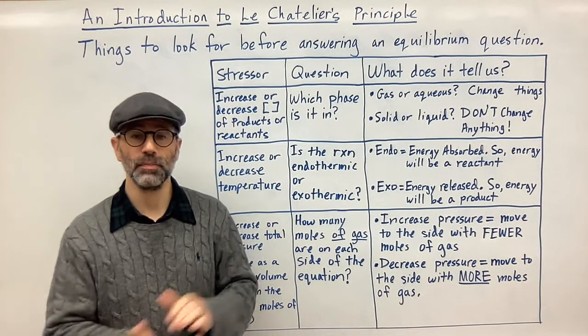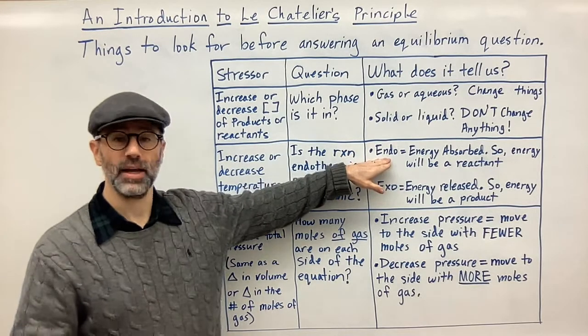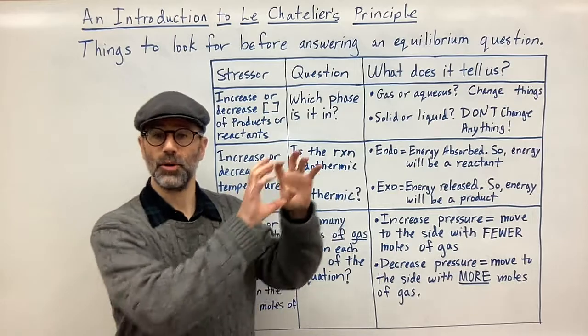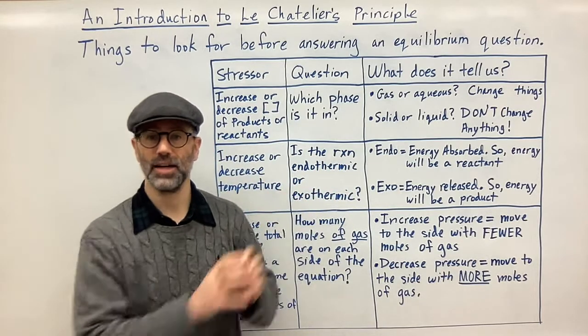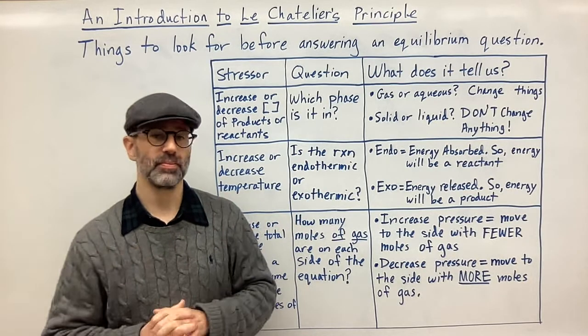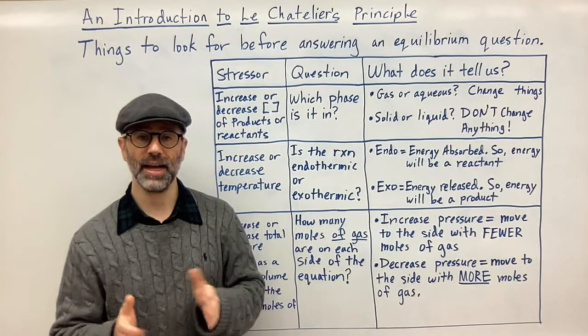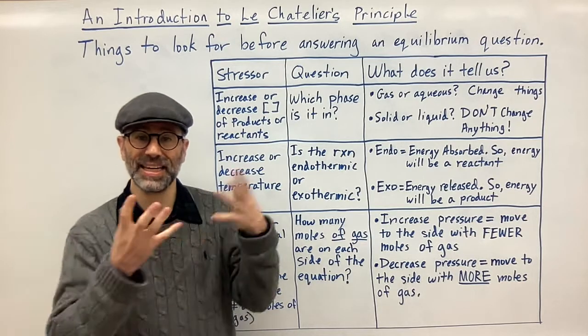So for example, say it's an endothermic reaction, right? So energy would be a reactant on the left side of your reaction equilibrium arrow. And so in that case, when you're raising the temperature, that's like adding heat, right?